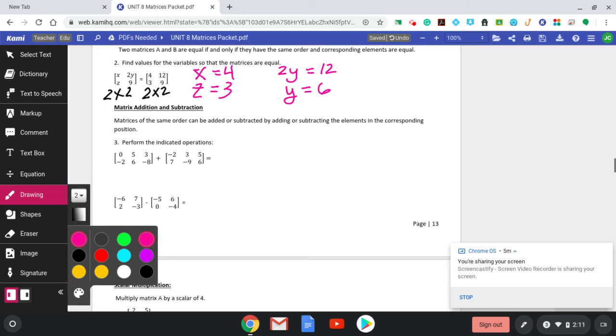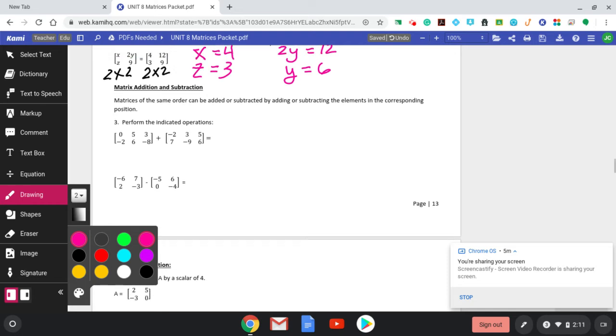All right, now let's get serious here. Let's start adding these up. How can I add or subtract? Well, first of all, they have to have the same order. So let's just practice naming a matrix right now. This first matrix right here, 2 rows by 3 columns. This one, 2 rows, 3 columns. So you can add them because they have the same order. And all I'm going to do is add the values in the corresponding spots.